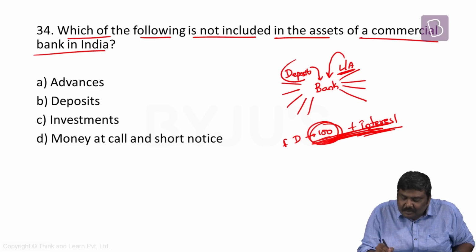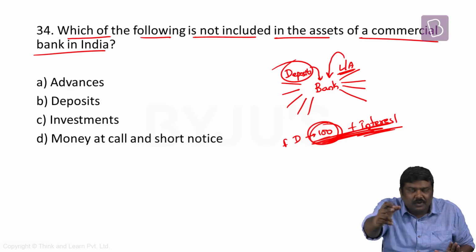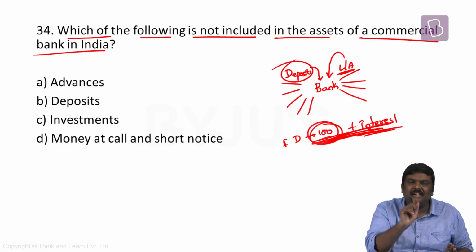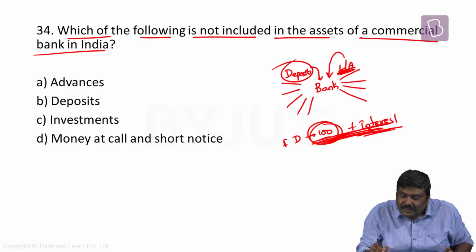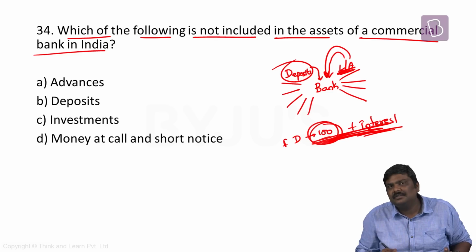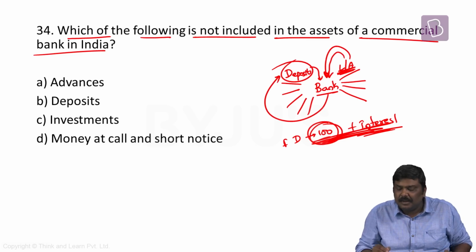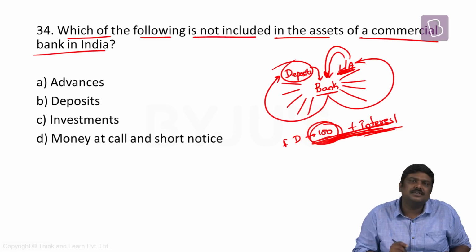These are the liabilities. Whereas if I am a bank and I give you a loan, you will have to repay me the principal as well as the interest. So on these loans and advances, the bank earns interest. In simple terms, the bank pays on deposits, and banks earn on loans and advances.